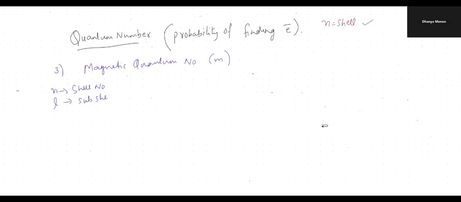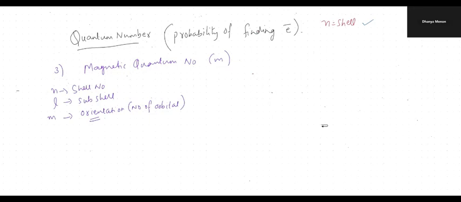And the M represents the orientation. It also represents the number of orbitals. It tells us a lot of things about the orbital. It tells us about the number of orbitals and the orientation.